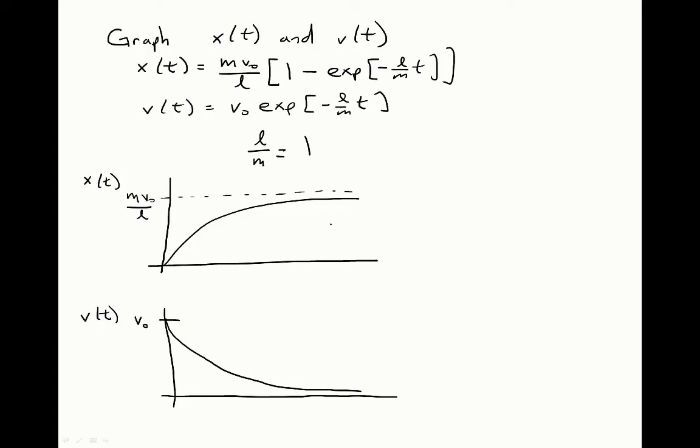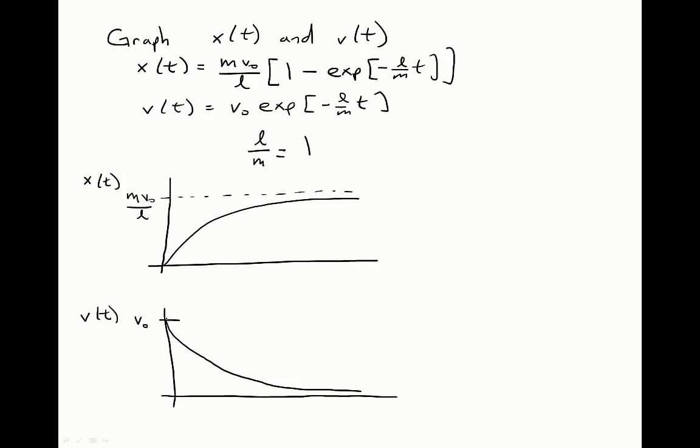Okay, so let's think about this. Does this make sense? So it starts out going fast, and then it slows down and eventually stops. Because we know that the slope of the position graph is velocity. So it's getting less and less steep, so it's slowing down.